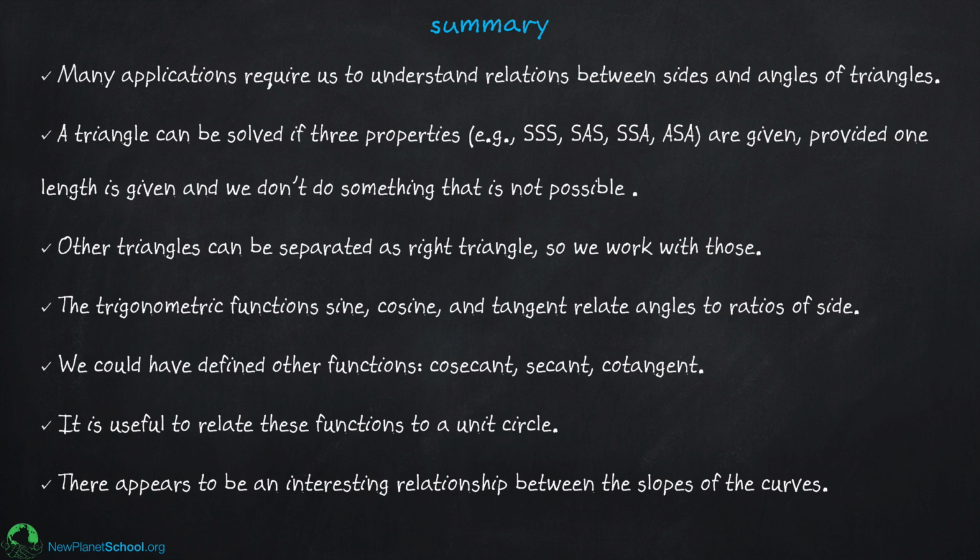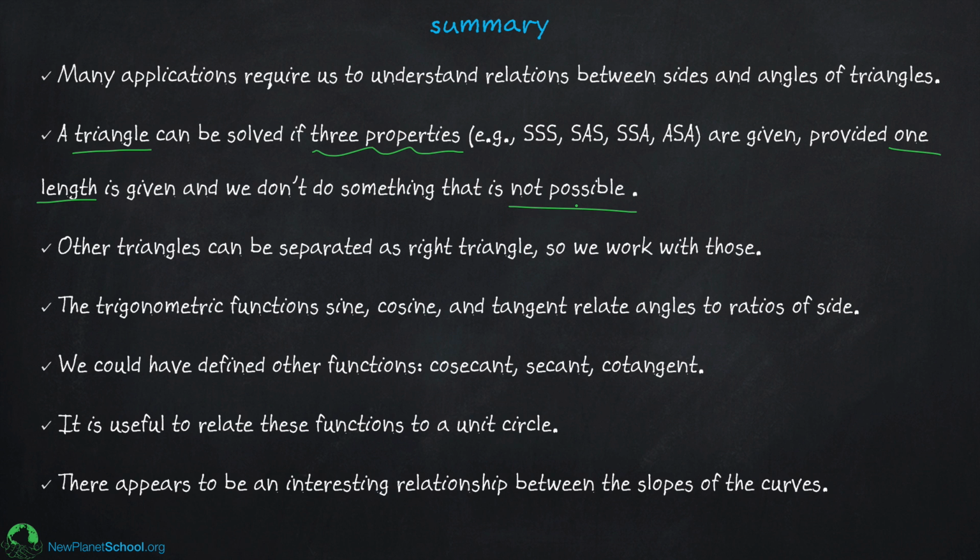Okay, so summary. We started off by talking about some applications of trigonometry and pointed out that we can solve the triangle that results from those applications if three properties are given, as long as it is a length or a side, and it has to be something that's possible. And that's really how trigonometry works.